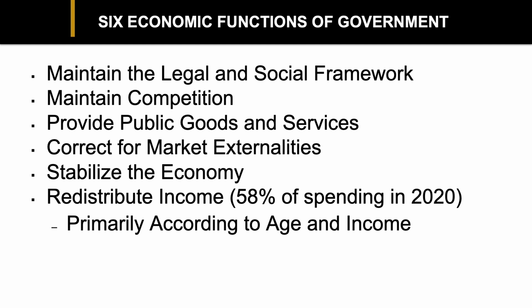In particular, during the pandemic years, we had a real surge in federal spending and state and local spending as well. A full 58% of total government spending during the pandemic year was redistributing income rather than providing government services. And this, of course, was primarily according to age and income level.